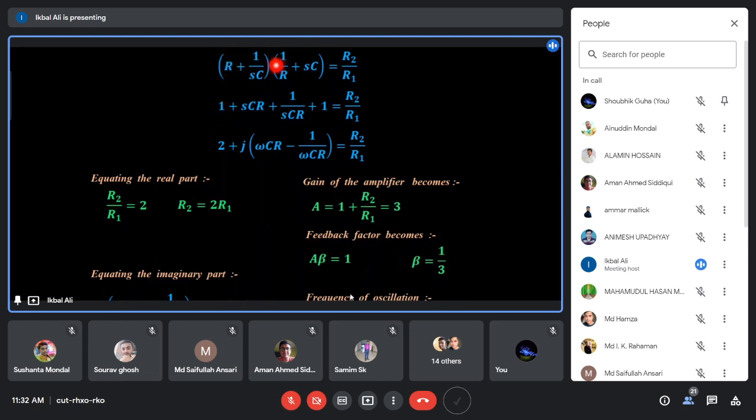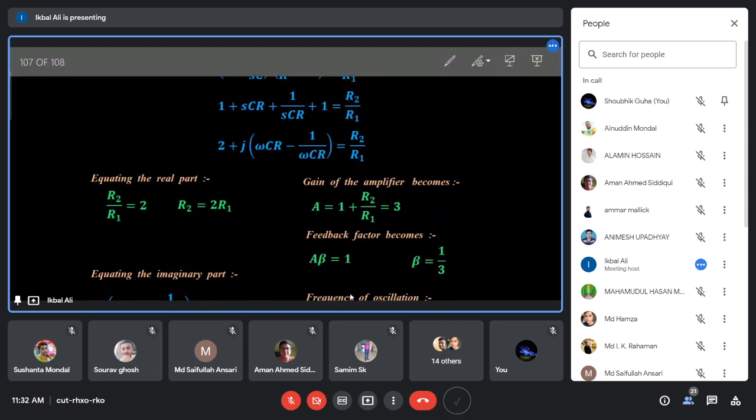Then R into SC, SCR. Then 1/SC into 1/R, 1/SCR. Then 1/SC into SC equals 1. This equals R2/R1. So this you have got.